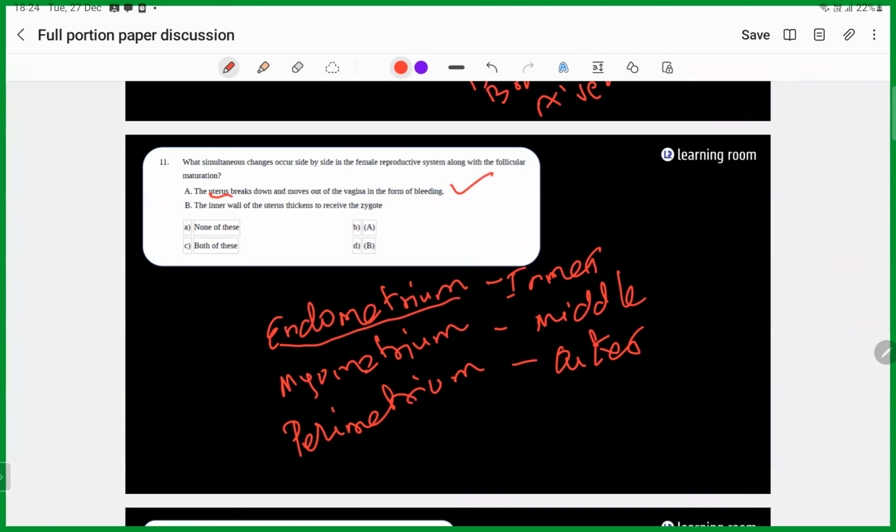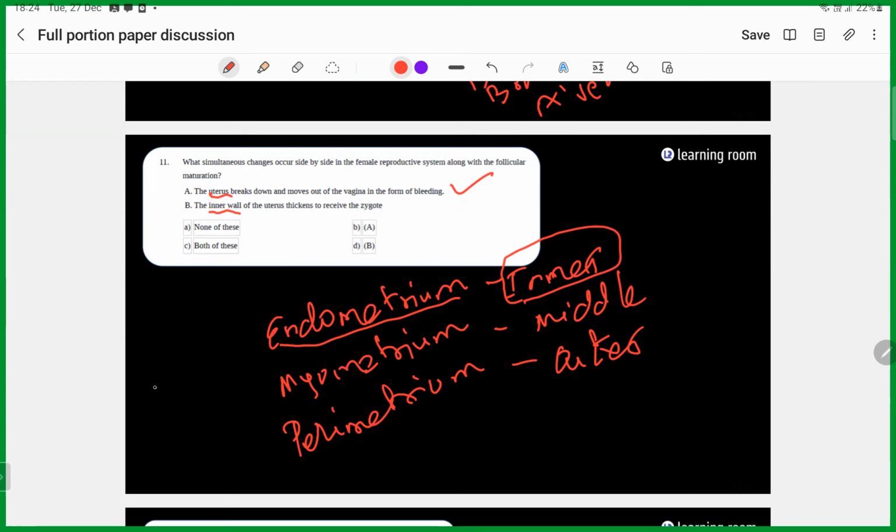Okay, so the breakdown of endometrium results in bleeding. That process is called what? Menstruation. Okay, and then it results in what? After menstruation, again look at it, the inner wall. Instead of mentioning it like here, they just gave this term itself, inner wall means endometrium, thickens to receive zygote.